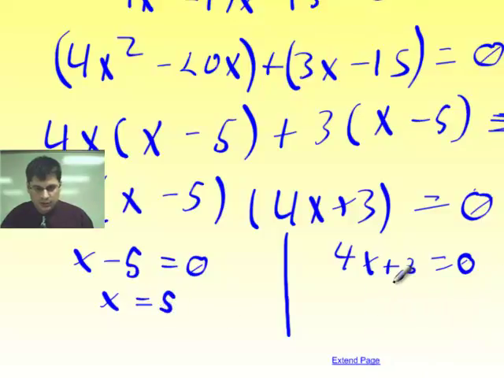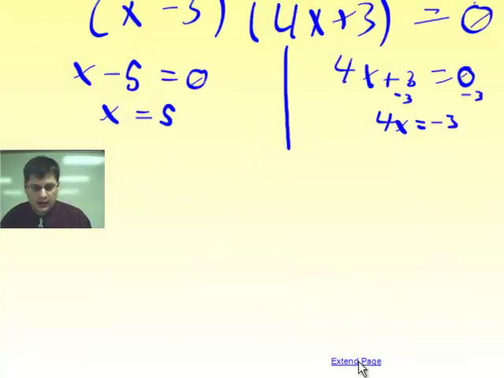And this side I would subtract 3 from both sides, leaving me with 4x equals negative 3. Then we would divide both sides by 4, like this. And x would equal negative 3/4.